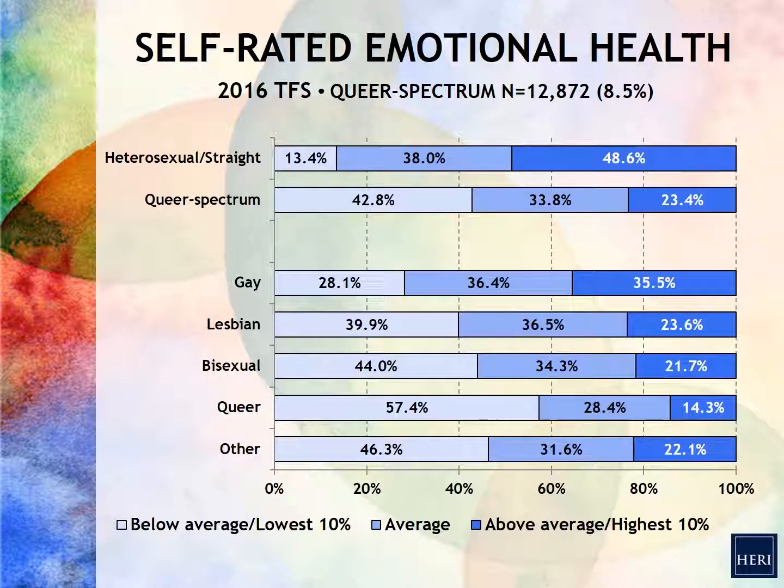In this sample, we're talking thousands and thousands of students. You can see the breakdown here when we disaggregate the queer spectrum by the individual response options. Again, students who identify as queer are more likely, more than half in fact, to put themselves in the lowest 2 categories. Keep this in mind when we look at the next slide, please.